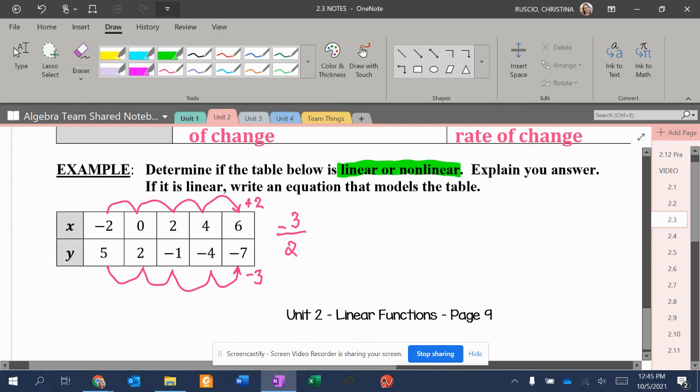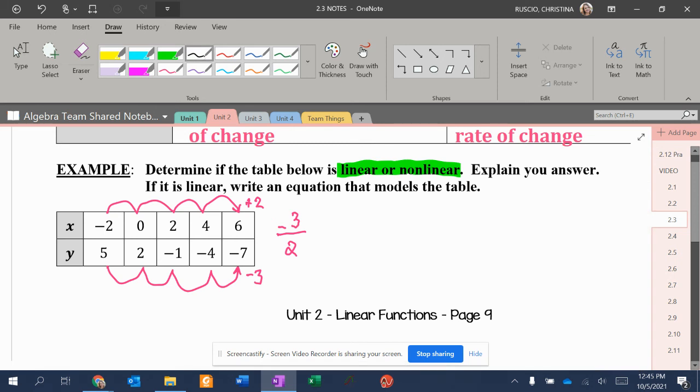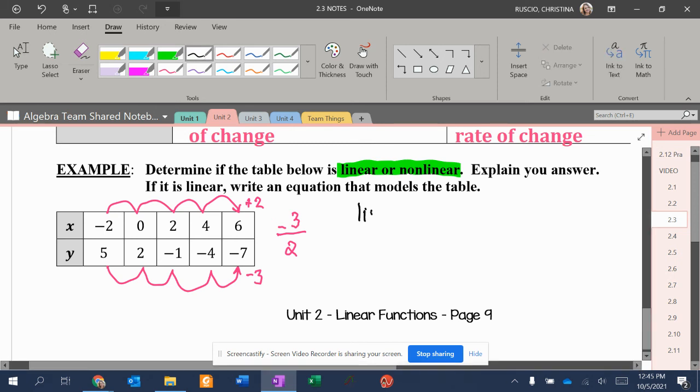Okay, so is this linear or nonlinear? Let's answer the question now. Well, it's linear because it has a constant rate of change, or slope.